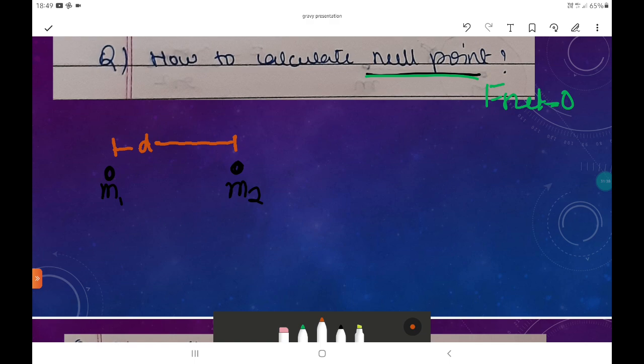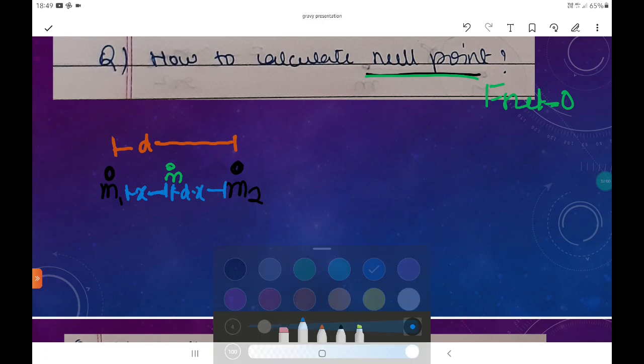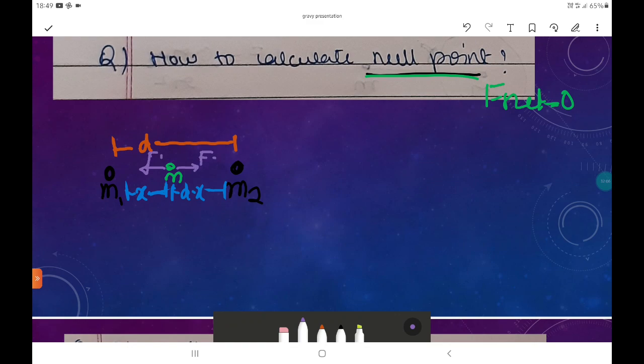Now suppose the null point on small mass m is here. So I am considering that this mass is x distance far from m1 and d minus x distance far from m2. So just equate both the gravitational forces. This will experience one force F1 this side and F2 force this side. Just equate. F1 is equal to F2.